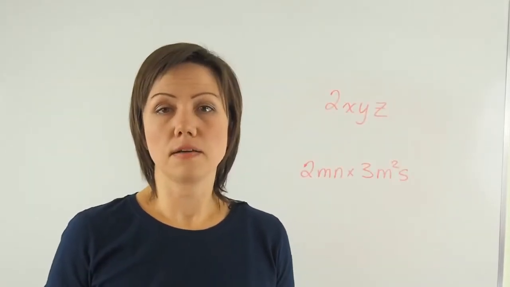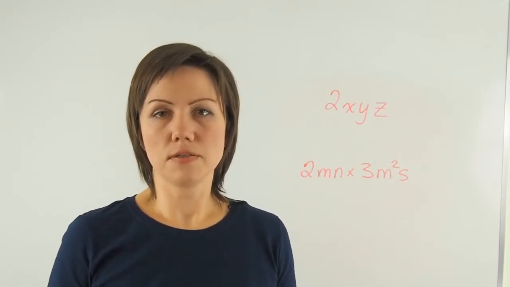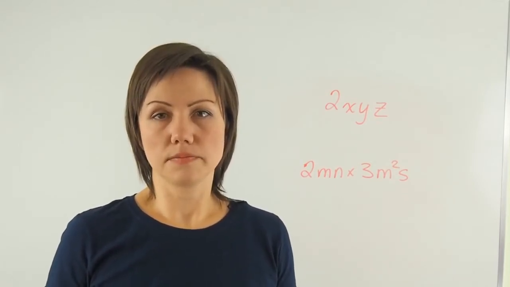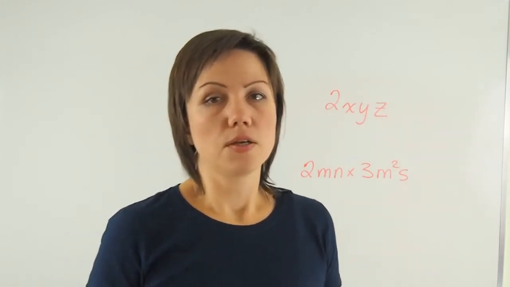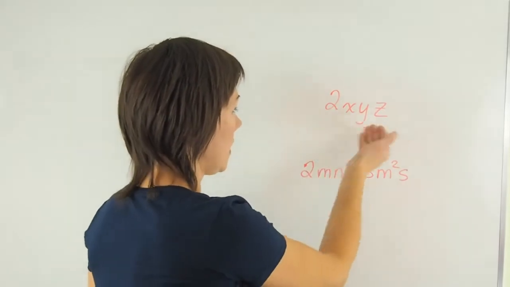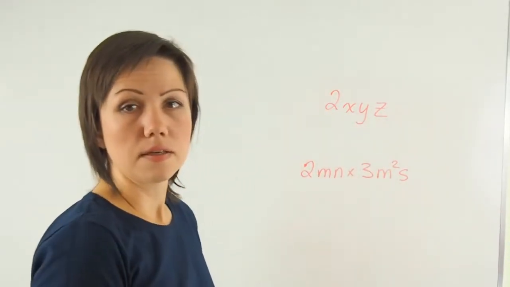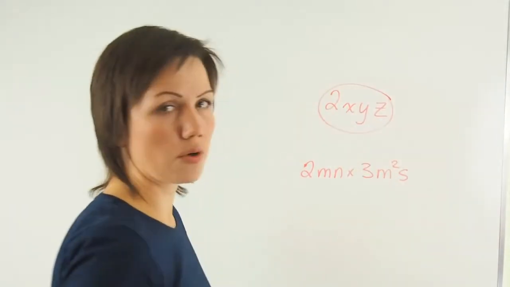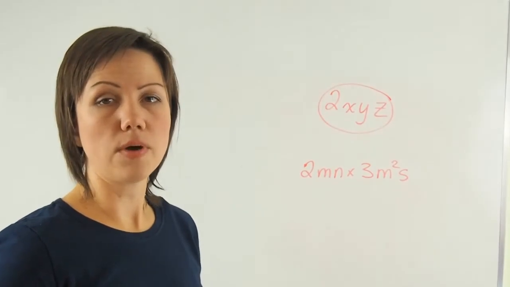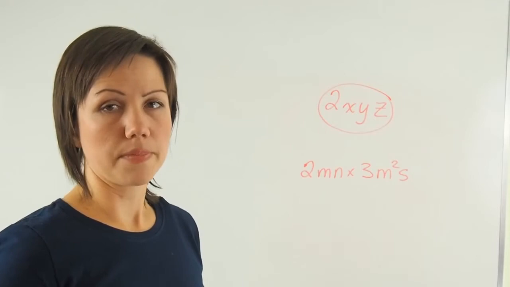When we have a combination of numbers and letters in one expression, we call it a monomial. All of them are separated only by multiplication. So, in this case, 2 times x times y times z forms one algebraic expression, which is called a monomial, since there is no addition or subtraction between the variables or the number.